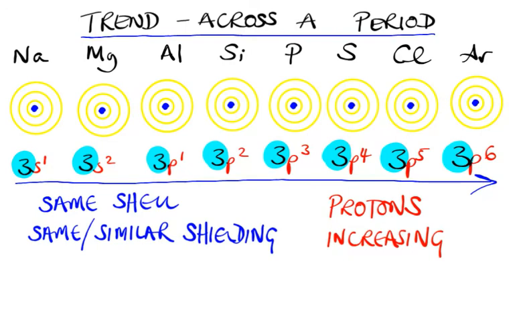So ionisation energy, as we move across a period, will increase. And these factors will also mean that the atomic radius, because there's a greater attraction on that outer shell, will decrease as we go across a period.